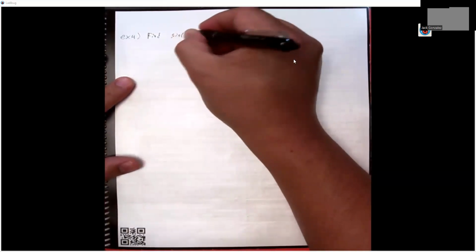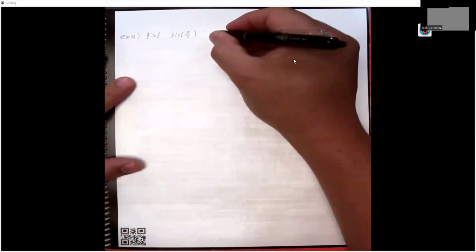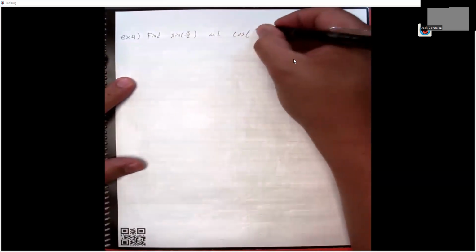So find x over 2, sine x over 2, and cosine x over 2.